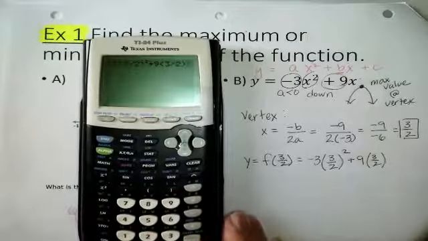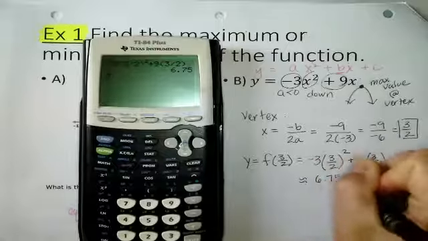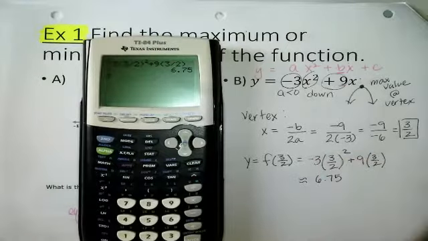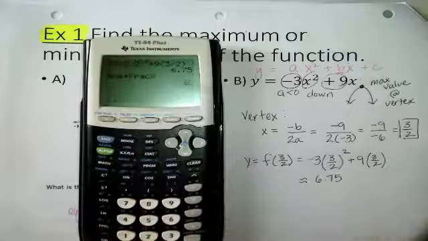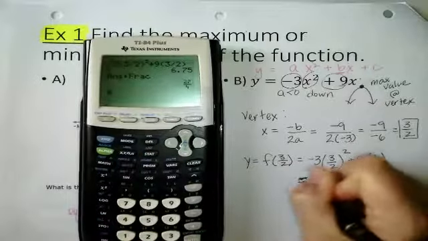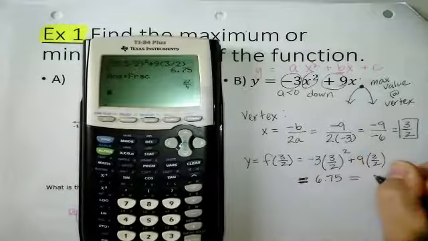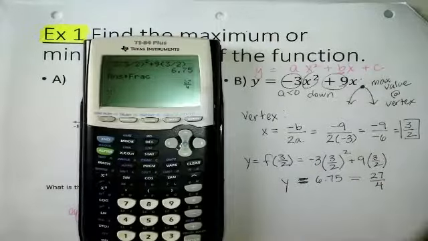If you plug it in with parentheses, we get 6.75. Well, that's not that crazy, but you can convert it to a fraction because they will not want any decimal answers here. So go ahead and convert to a fraction, and it equals, it's not approximate, 27/4. So the y value is 27/4.